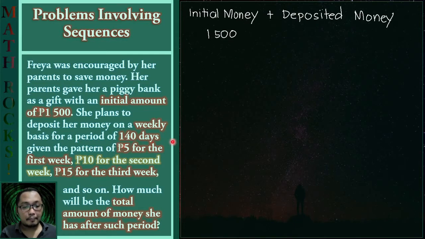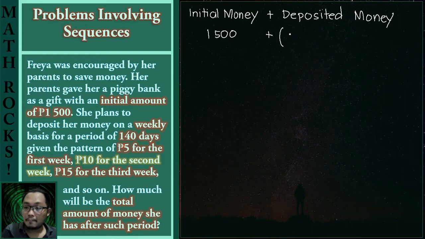It was stated in the problem that it goes with a pattern: 5 pesos for the first week, 10 pesos for the second week, 15 pesos for the third week, and such pattern continues. Let us try to write such information here. So 5 for the first week, 10 for the second, and 15 for the third.